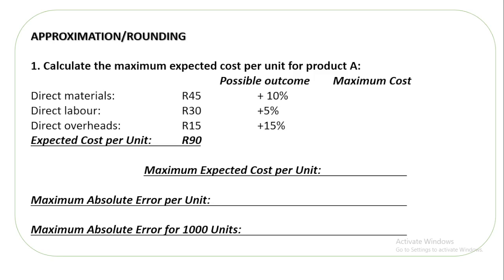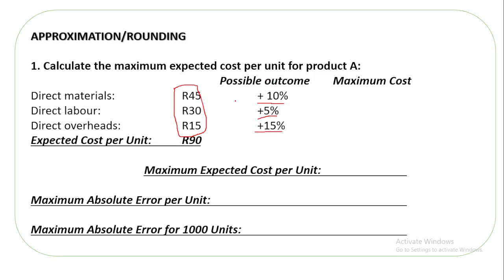It's asking you to calculate the maximum cost of the new product, which is product A. These were the current costs of the product, but we're told that there could be new possible outcomes where the price will increase by 10%, by 5%, by 15%.